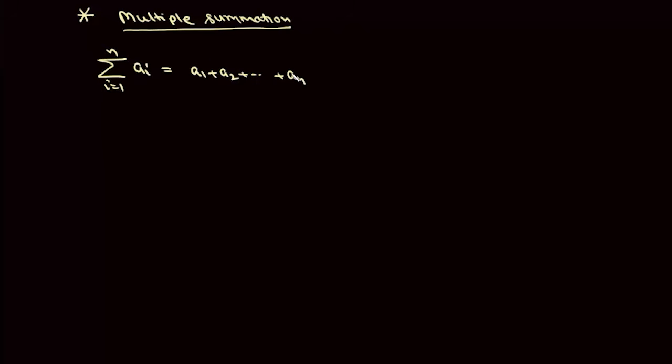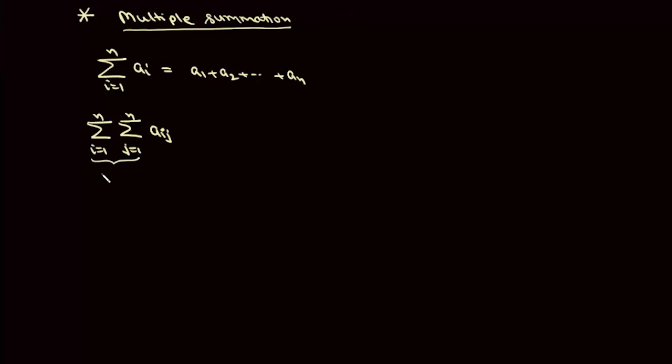Now, when we say a double sum, we express it as this summation, i varies from 1 to n, j varies from 1 to n, a_ij.